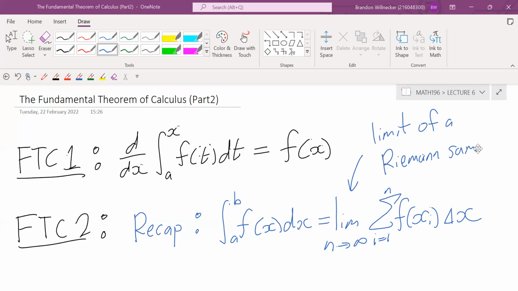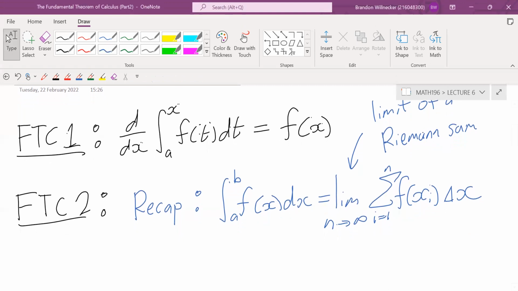However, if you have other functions, like maybe log functions or exponential or trig, then this right-hand side gets pretty difficult to evaluate. So what we're looking for is a different or easier method for calculating these definite integrals. And that's given to us by FTC Part 2.